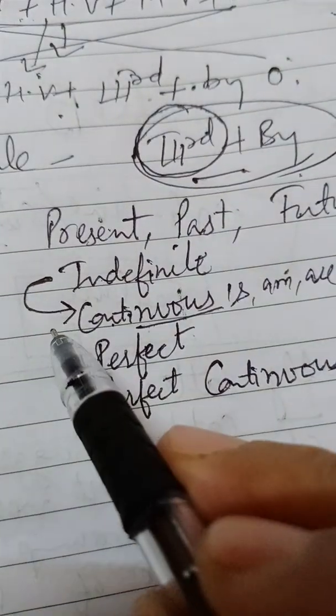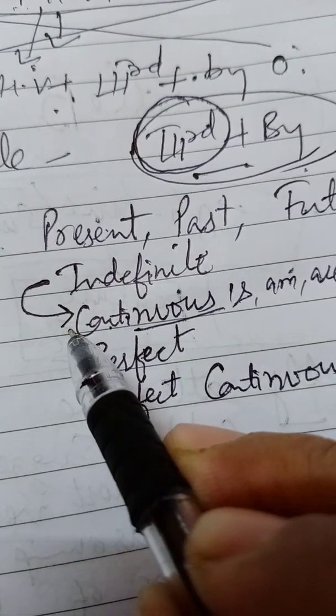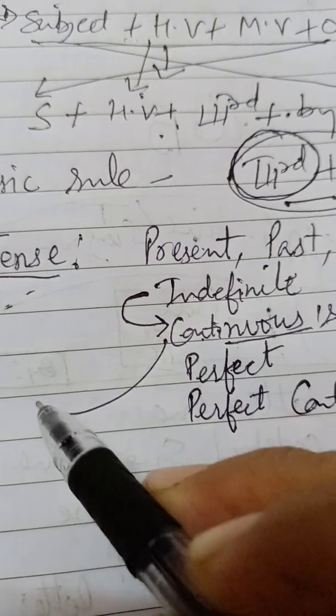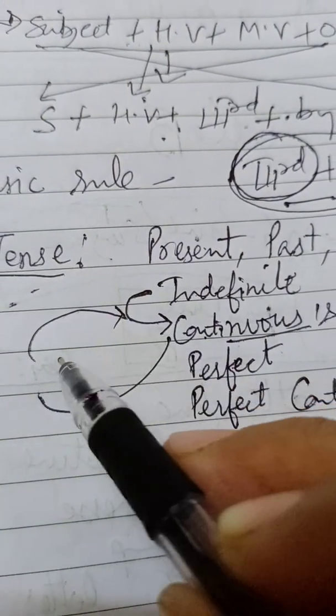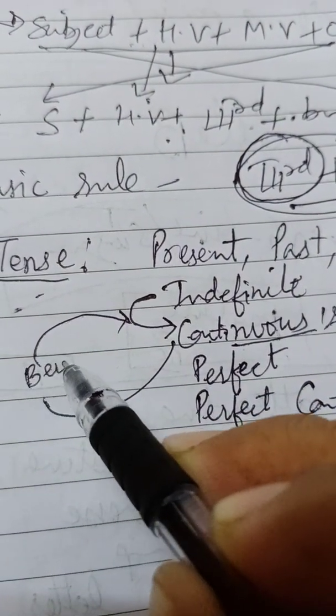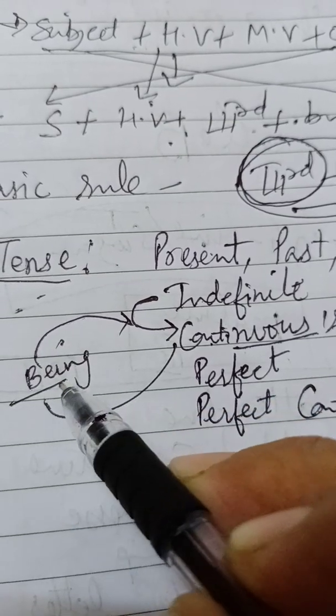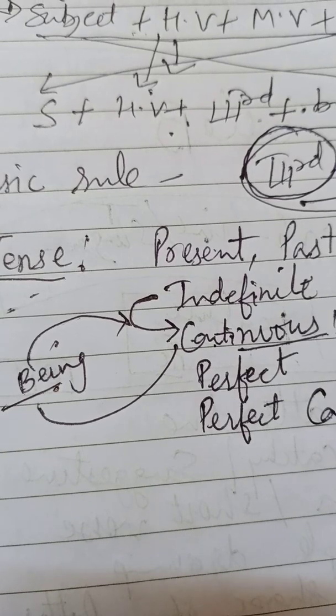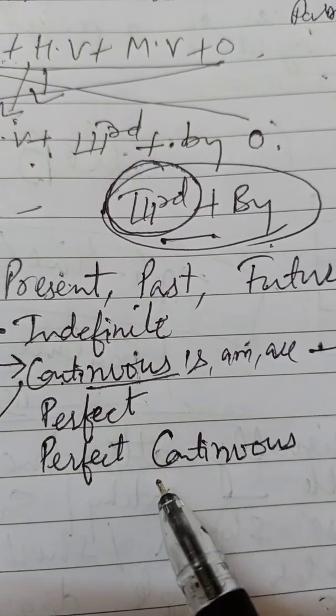Got it? And if we have a sentence of continuous, okay, it will turn into passive continuous by using being only. Is, am, are, was, were will not change. We will add one thing, that is the word being. Okay, done. Two tenses.